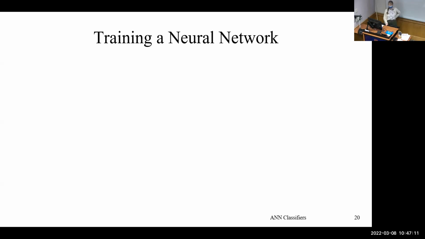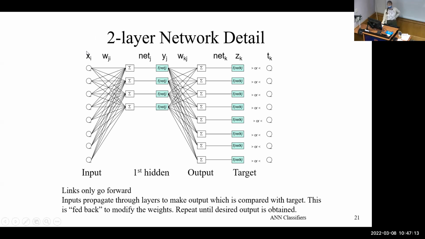We want to train that network, and that training is adjusting these weights so that when you put in features that are connected to a class, you will get output values that tell you what class it is.